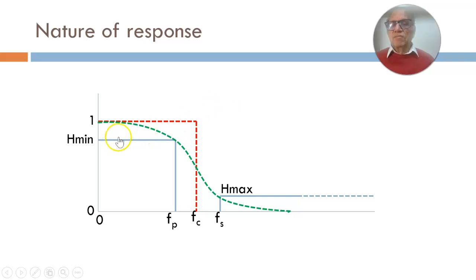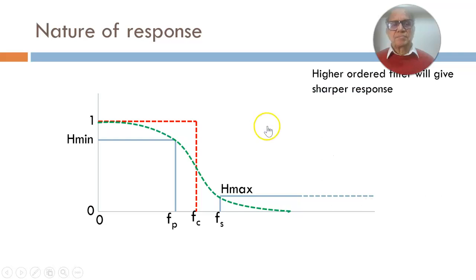So now what about the nature of the response in the pass band and the stop band? What factor controls it? In FIR filters, it is controlled by the window function that is used, and in IIR it is controlled by the pole locations. We will not be discussing pole locations directly as such, but indirectly we shall see how they are controlled.